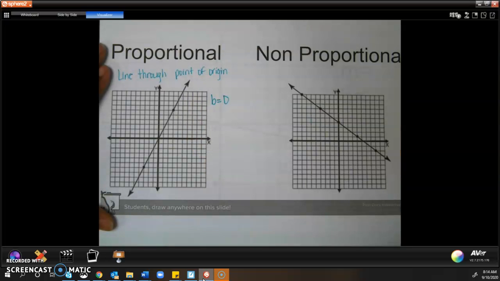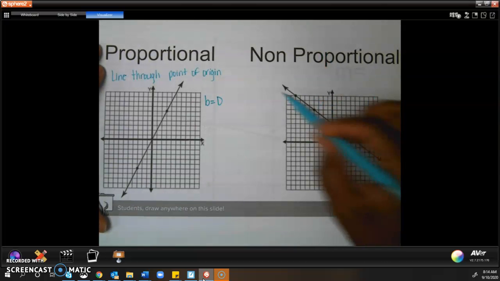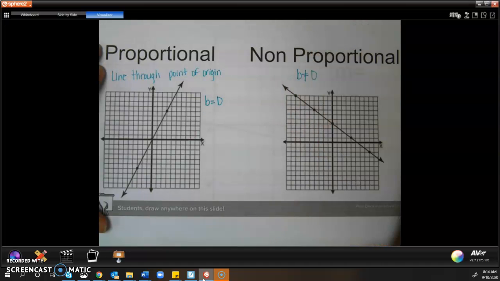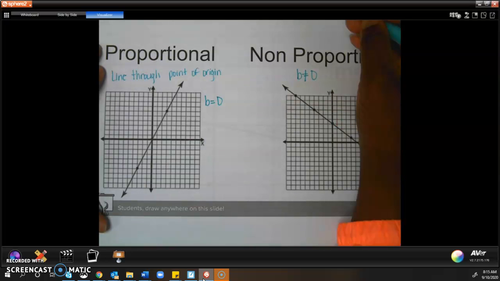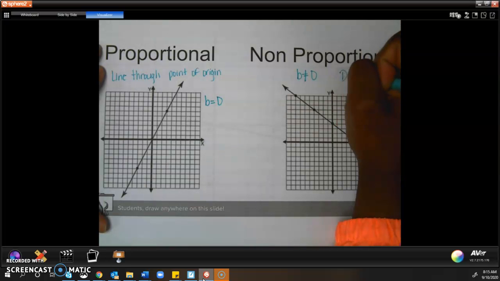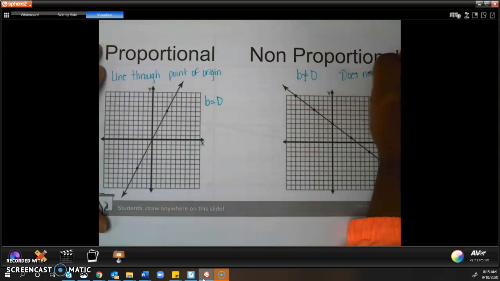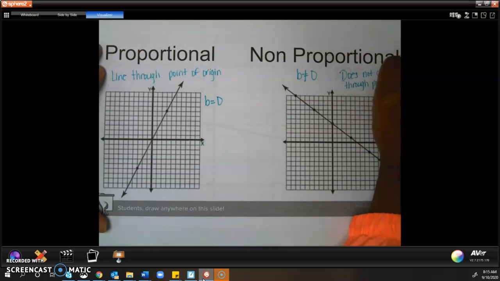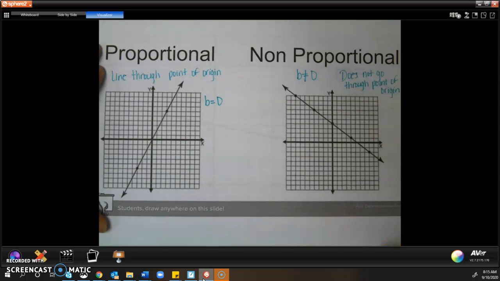That's how you know it's a proportional relationship. If it's a non-proportional relationship, your b is not equal to 0 and it does not go through the origin.